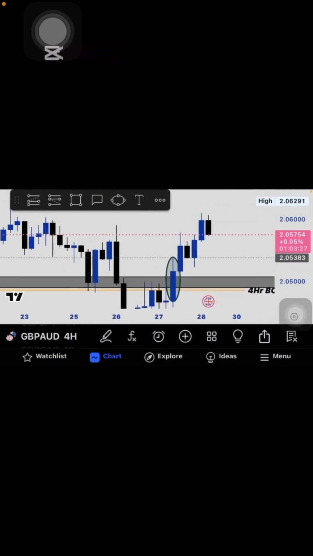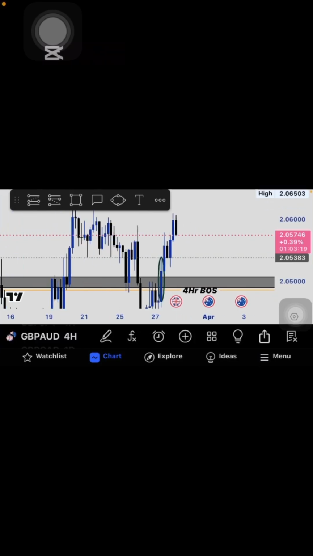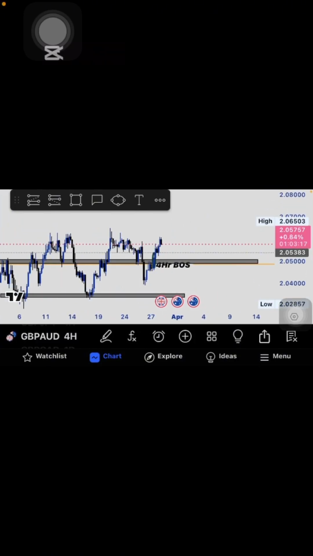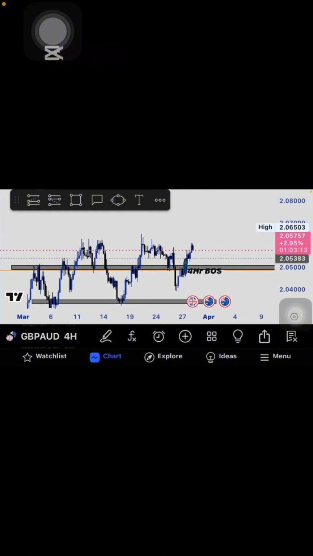So here I'm going to show you my area of interest, then I'll enter the trade if it taps in there. This is how the market looks right now, and I'm looking for the market to tap back into my area of interest.